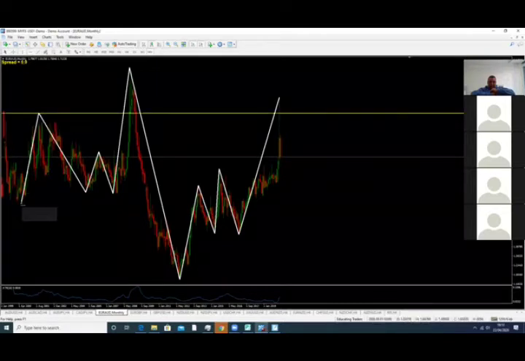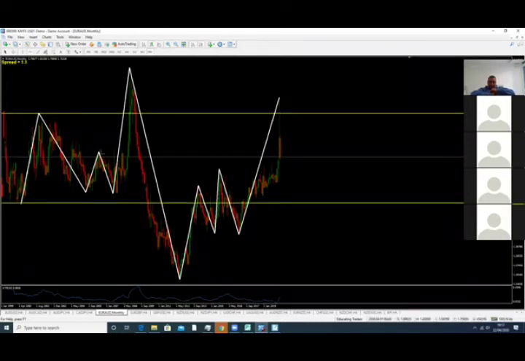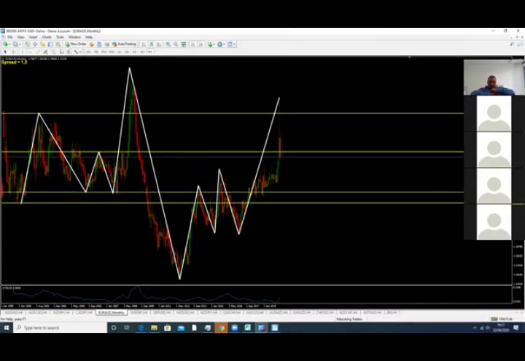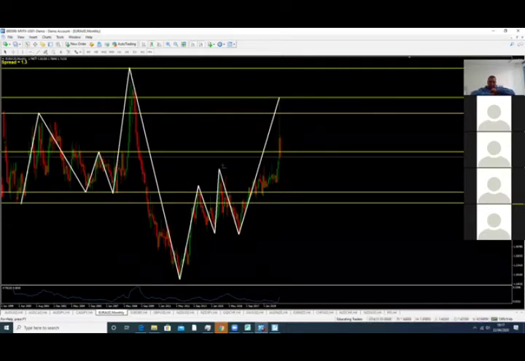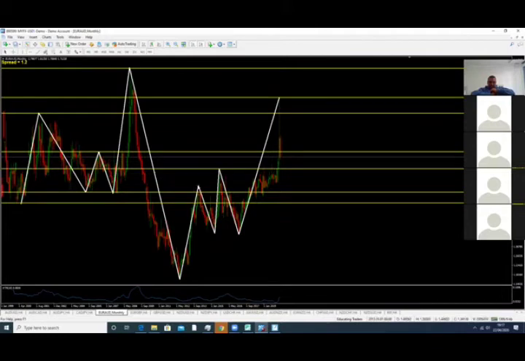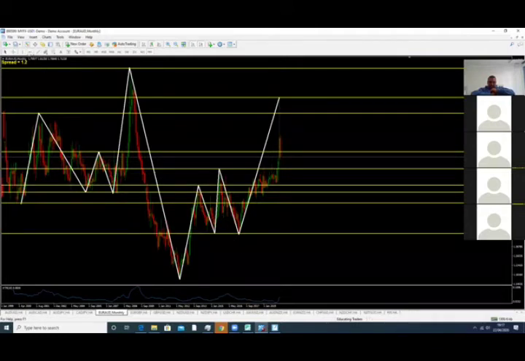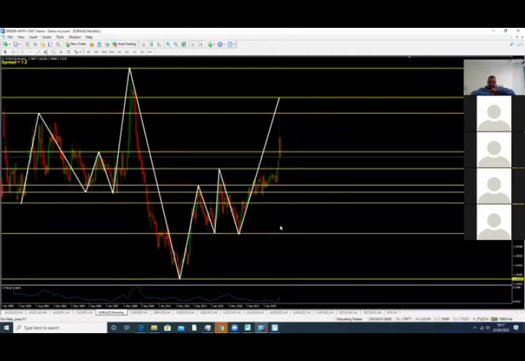Once I put my supply and demand zones on the chart, this is where I'm getting them from, and I'm not going to do anything else. I'm done. I probably won't change this chart again for a while.